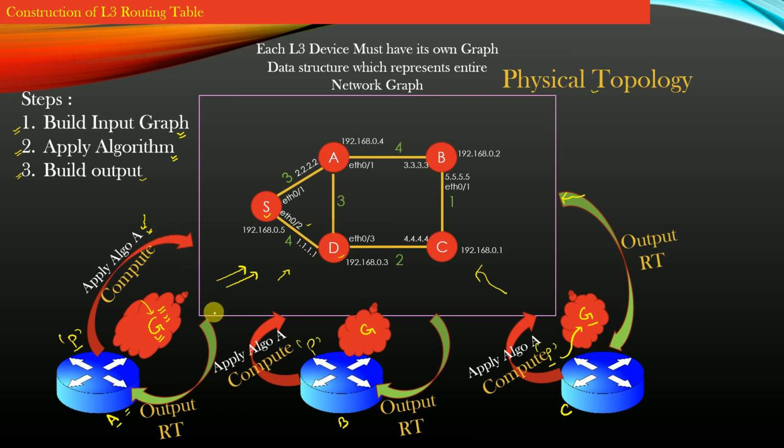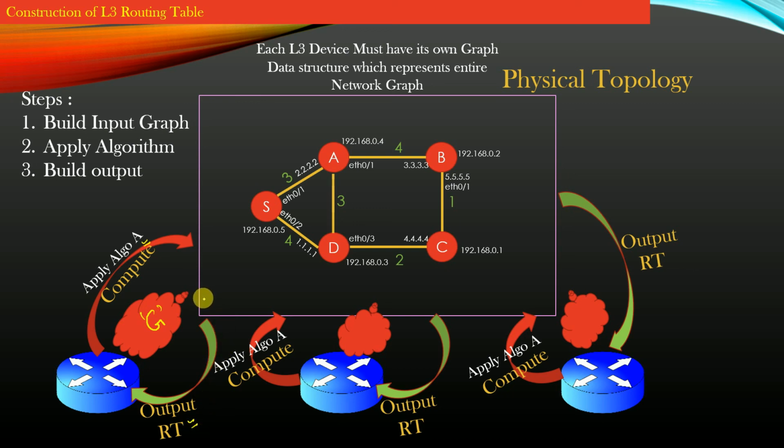In this case, the output is an L3 routing table. So the output of applying this algorithm on the local graph data structure which the device has built in its local memory is the routing table.